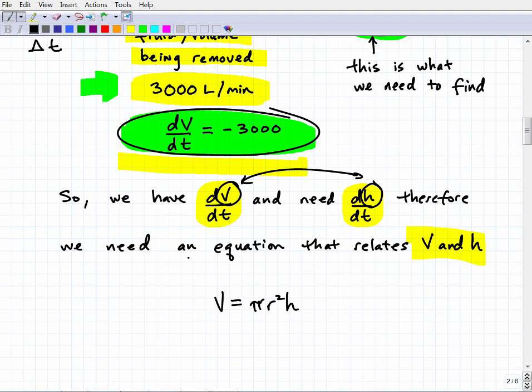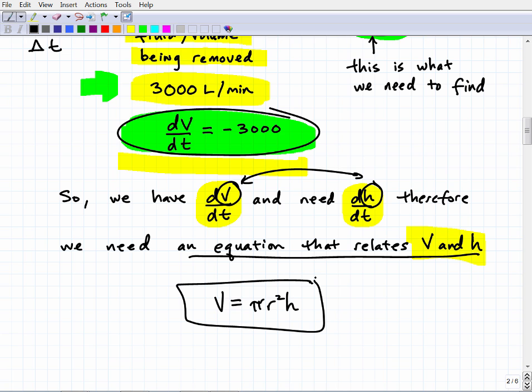So we need some way to relate these two variables, V and H. Probably most of you were thinking, yeah, the volume of the cylinder is equal to pi r squared times H, right? Here's the volume, here's the radius, and this is the height of the cylinder. If you were thinking that, that's excellent. This equation relates the V and the H.